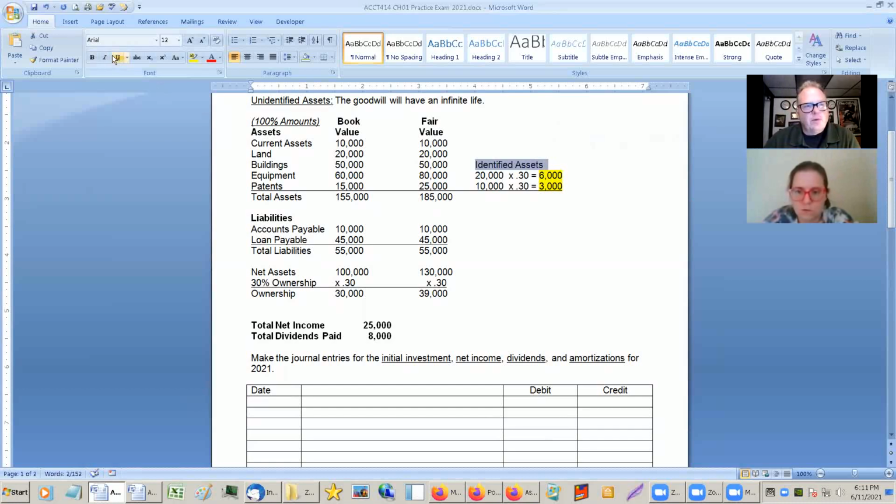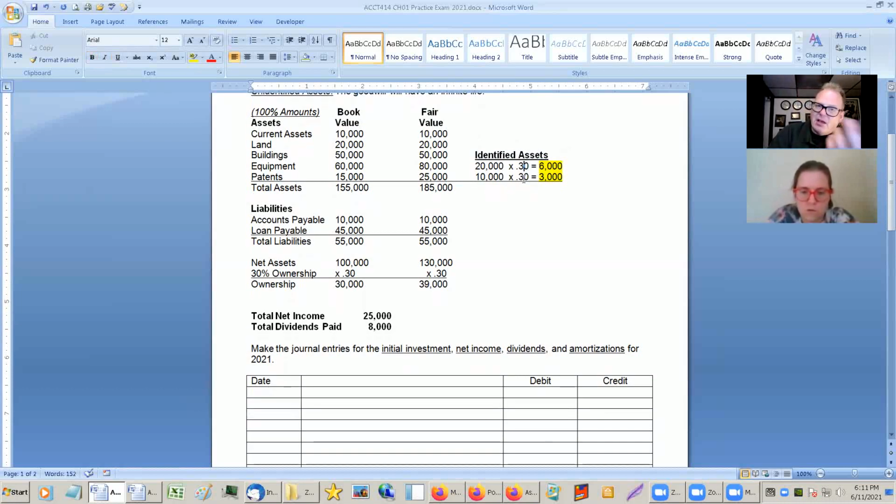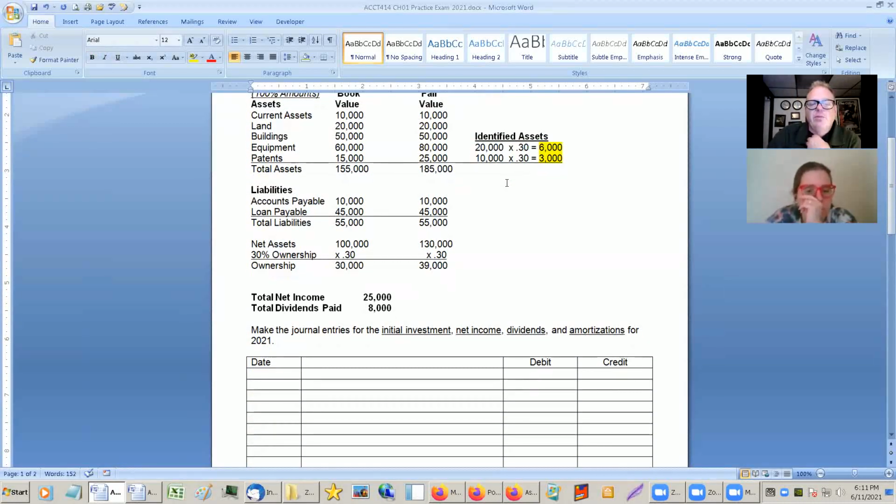And goodwill, for whatever reason, is now termed the unidentified assets. So in other words, there's something else that's making this company more profitable than it normally would be. So the difference of 9,000 is in that, from 30,000 to 39,000.